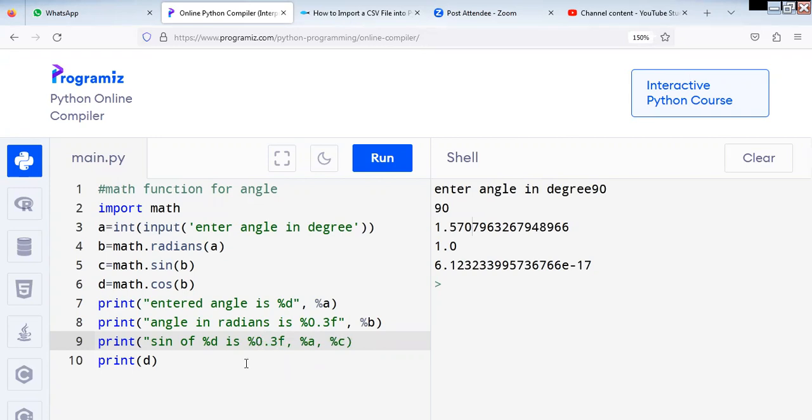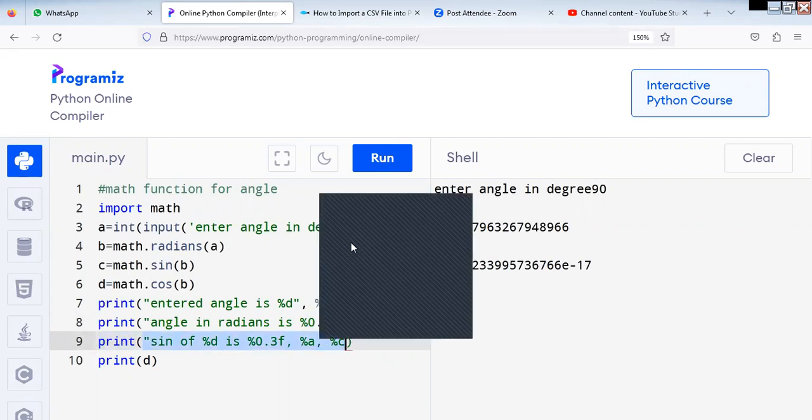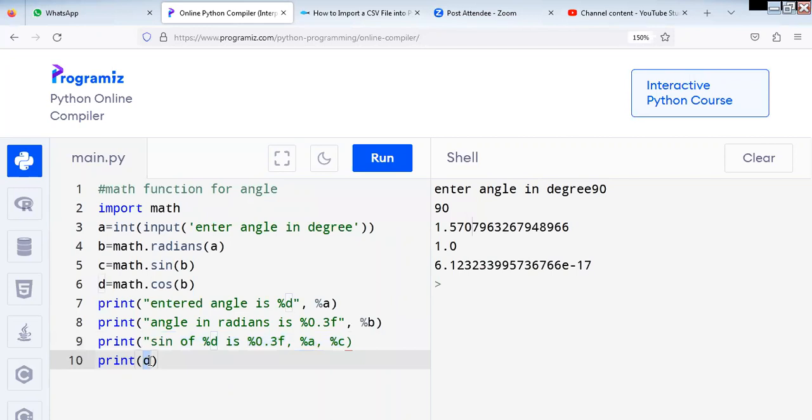Similarly, I have to say for cosine. Cosine will do similar.